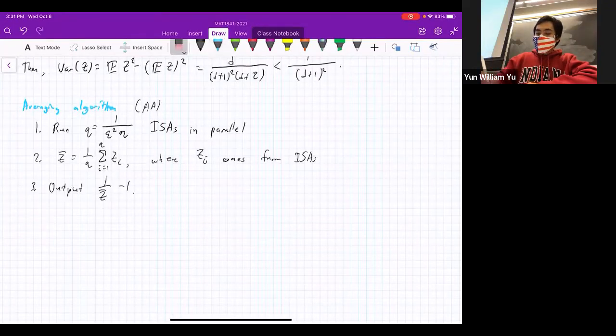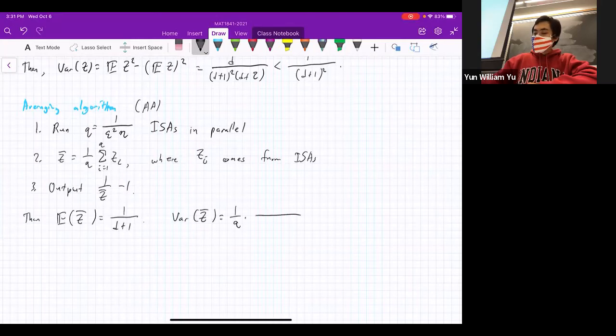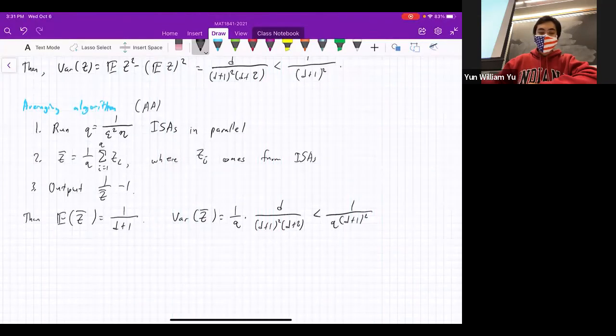So first, note that the expectation of Z bar is still equal to 1 over D plus 1. And we know that the variance of Z bar is equal to 1 over Q times D over D plus 1 squared, D plus 2, which is less than 1 over Q times D plus 1 squared.